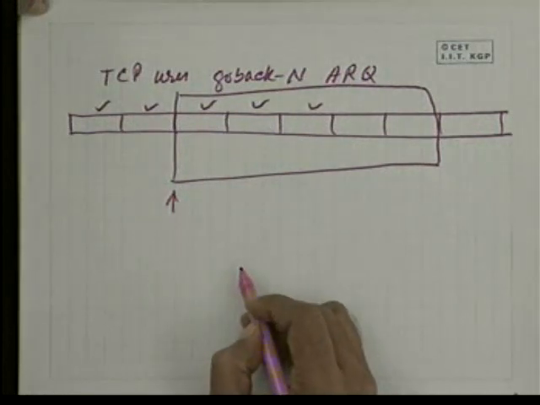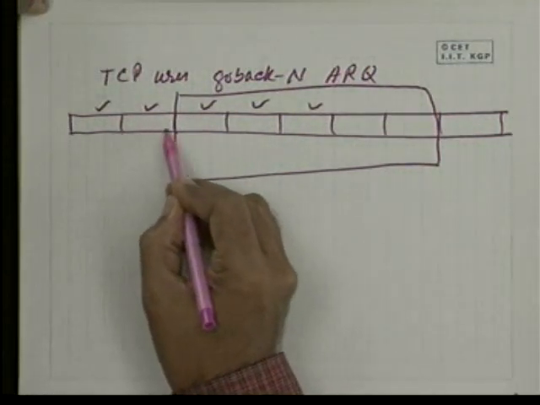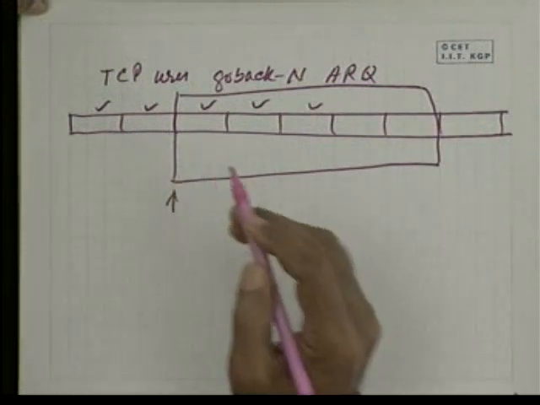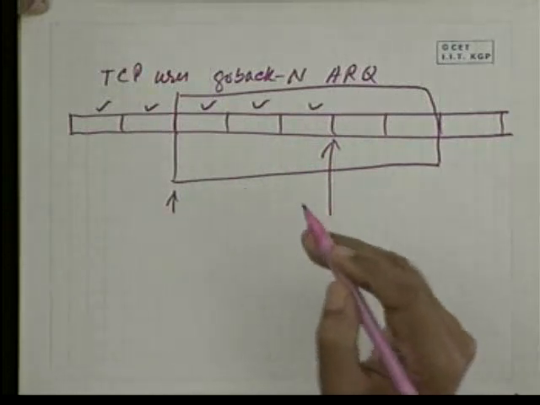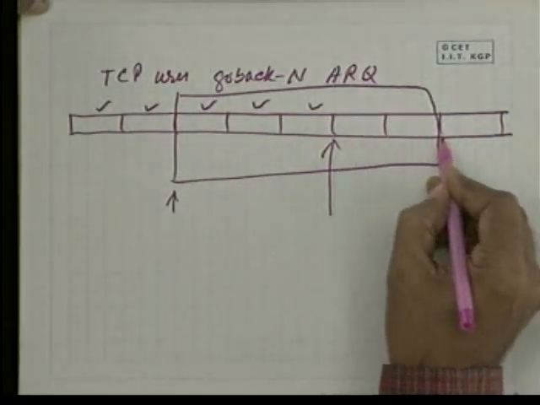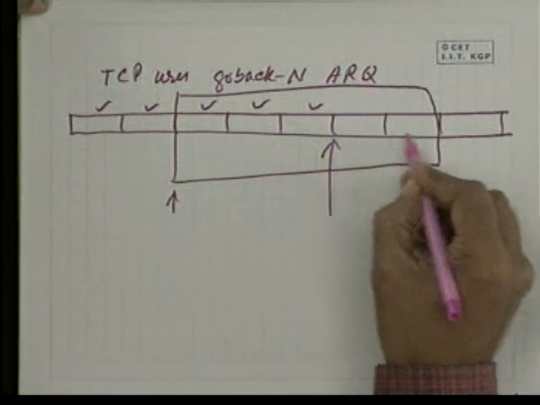This pointer tells you the segments which have already been sent and acknowledgement has been received. And this pointer, let's assume, tells you these segments have been sent but no acknowledgement has been received. And these are the segments which can be sent immediately without receiving any acknowledgement.